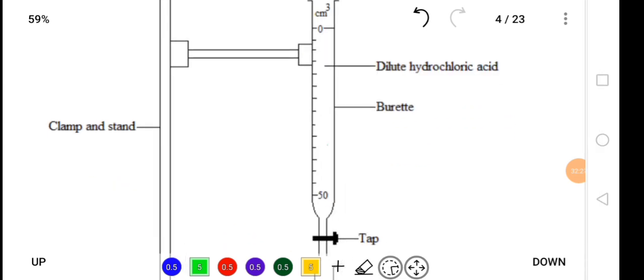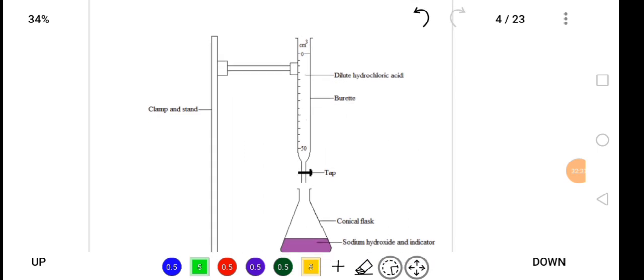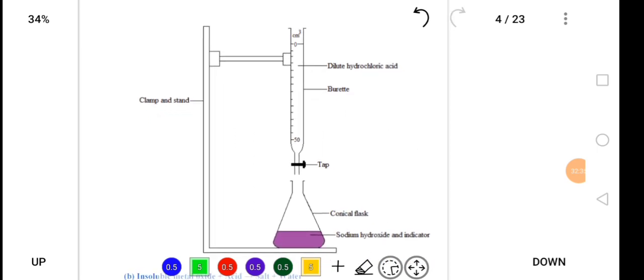As you can see in the setup itself, this is how you are supposed to arrange your titration kit. We have a burette and we have the conical flask.